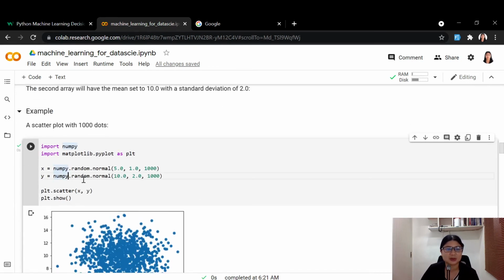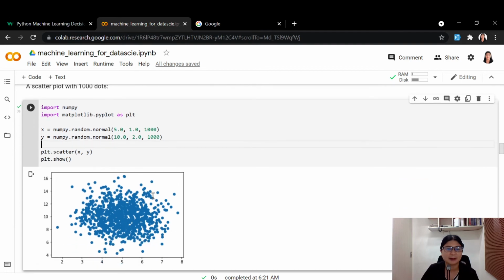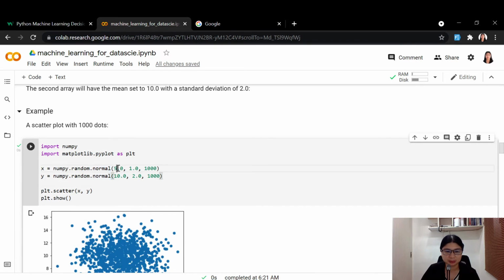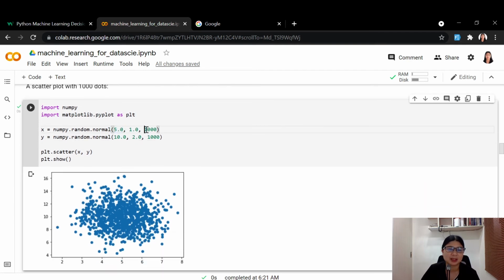Okay? So, pwede kita kahambal nga we can generate the scatter plot using different data randomly generated using normal data distribution. So in this one, 1,000 for the x-axis, nga start siya sa 1, and the mean is 5.